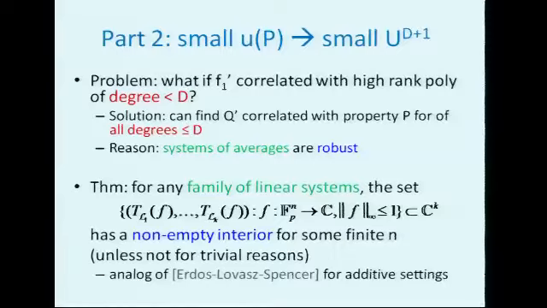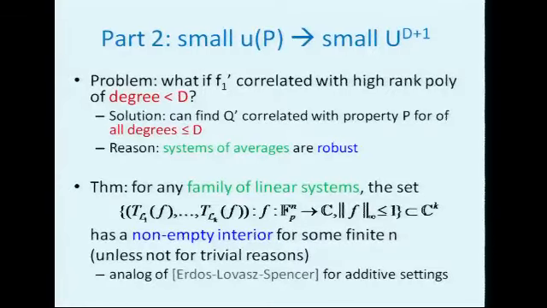There are some trivial obstructions where this doesn't have non-empty interior, for example if two linear forms are the same. If the first and the second one are always the same, then the first two values are always the same, and this doesn't have a non-empty interior. But it turns out that if you remove trivial reasons why this cannot happen, then this always has a non-empty interior. This is really an analog of a similar theorem of Erdős, Lovász, and Spencer.